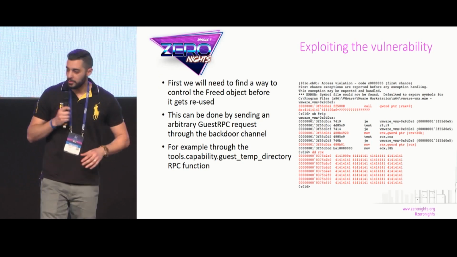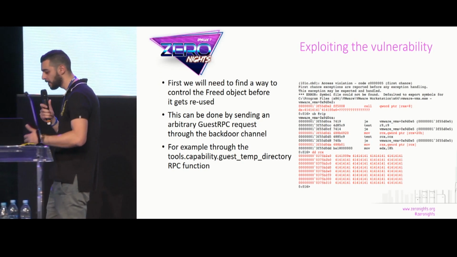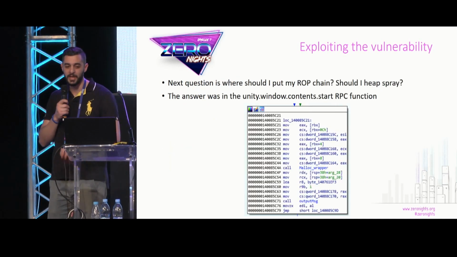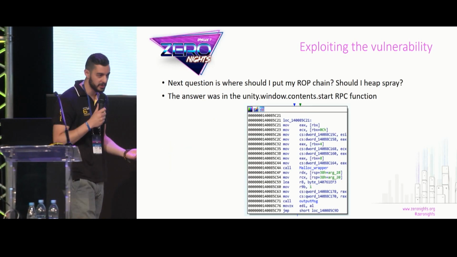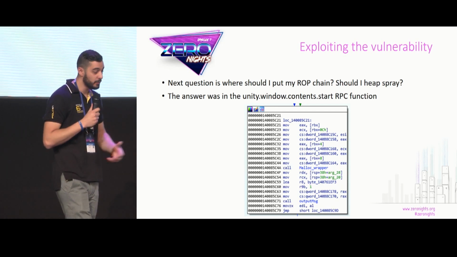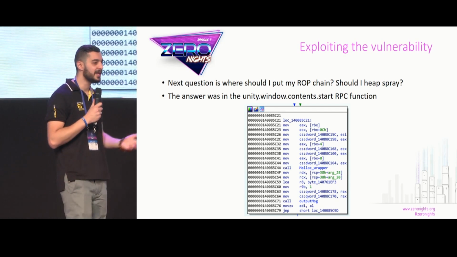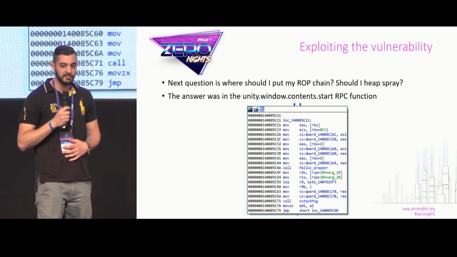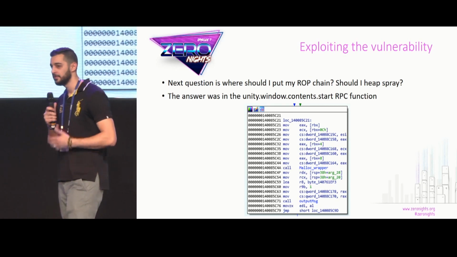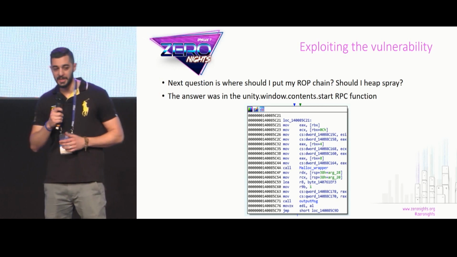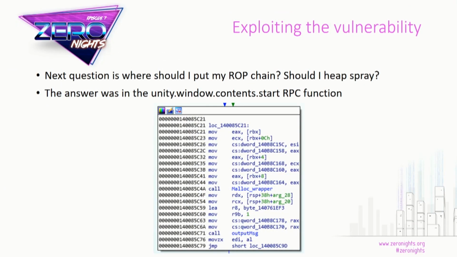So now, since we have all the ingredients, we have to start thinking of where to actually put our payload or ROP chain. Again, we don't have the luxury of JavaScript, so we don't have typed arrays, we don't have all that kind of stuff. So I started reversing these RPC functions again, and I found this nice one, which is Unity window content start. In this function, it grabs the argument and sets it in a global variable, which is awesome.